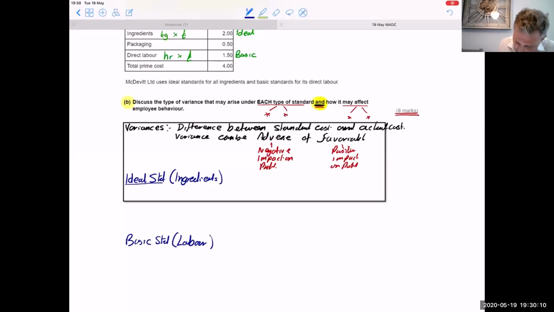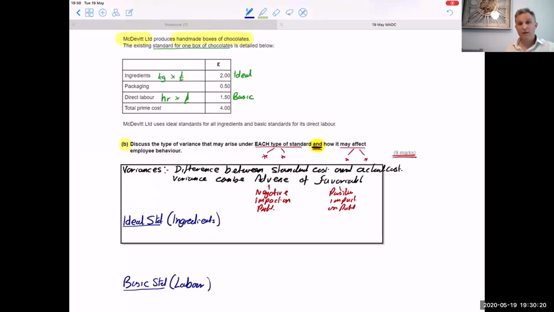So I've got two subparts to the question. I know what a variance is, and then what variances am I likely to get if I set an ideal standard?